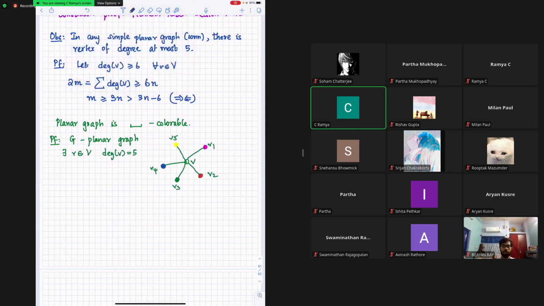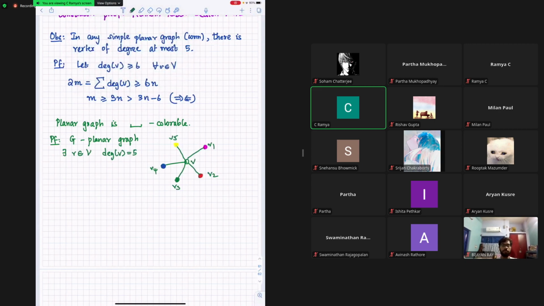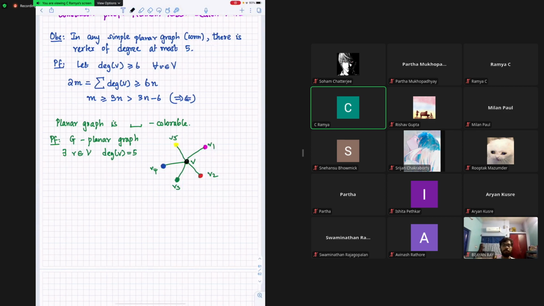So now, if I remove this vertex from the graph, what can you say about the resulting graph? Now I want to color V. I've given all its neighbors different colors, and I have to give a color to V. Let me give V also a different color, let's say black. So far I've used 6 colors.